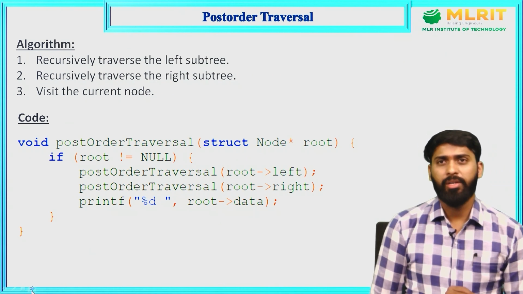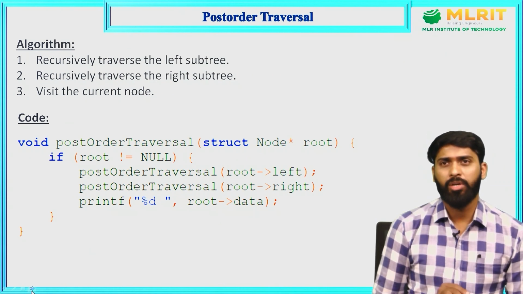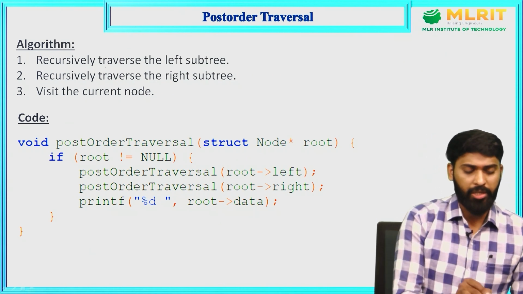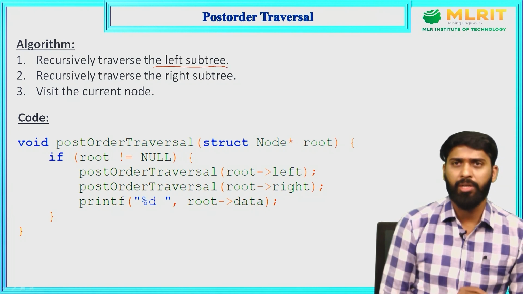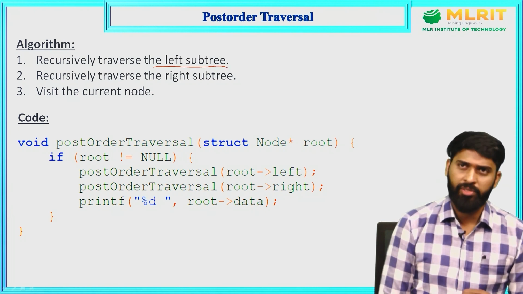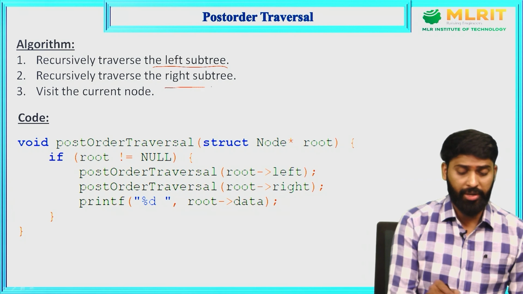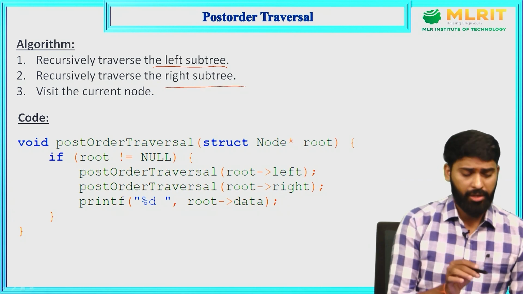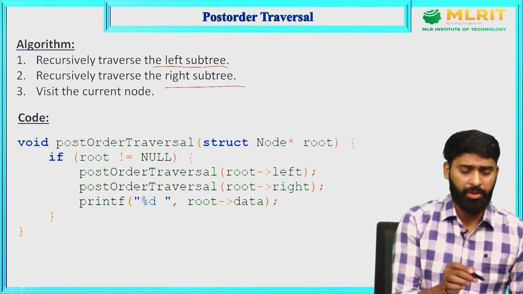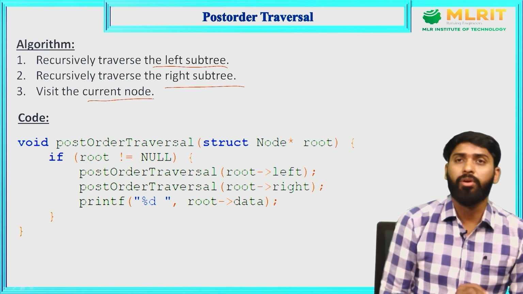Okay. So, let us see the algorithm. Post order traversal: recursively traverse the left subtree. After completion of left subtree, we traverse the right subtree, and after completion of left and right subtree, we visit the root node. Okay.